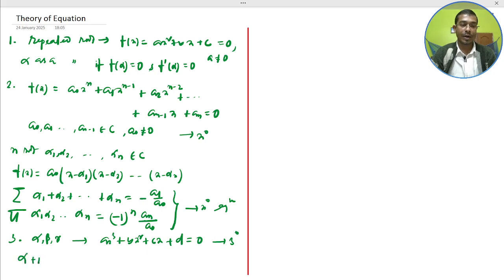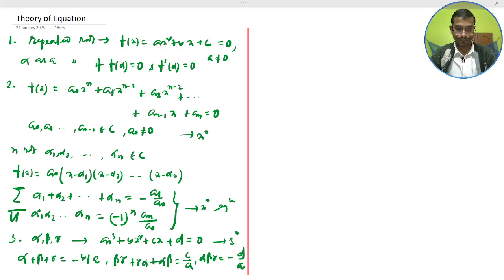So the sum of roots alpha plus beta plus gamma is minus b by a, and the products taken two at a time, beta gamma, gamma alpha plus alpha beta, is c by a, and alpha beta gamma is minus d by a.